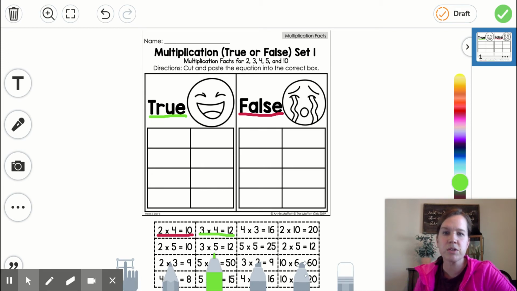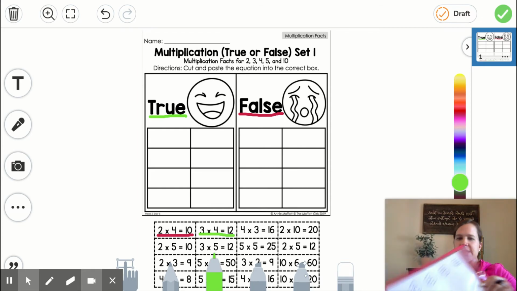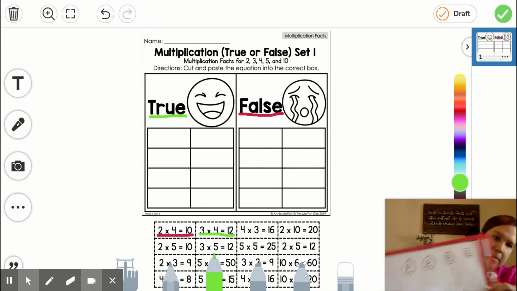So 4 times 3 equals 16. Well, I just said that 3 times 4 is 12. So this is how I would prove that it's not correct. 4 groups, so I'm going to just say 1, 2, 3, 4. Each group has 3. I'm going to put 3 in each of my groups. And to find out what that is altogether, I'm going to add it.